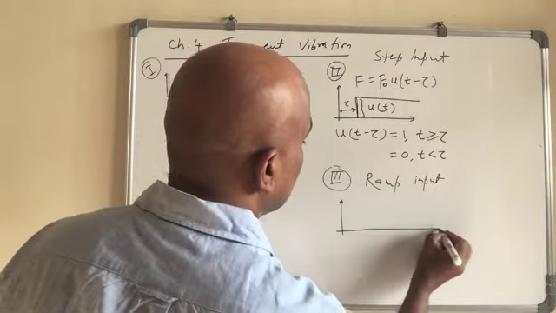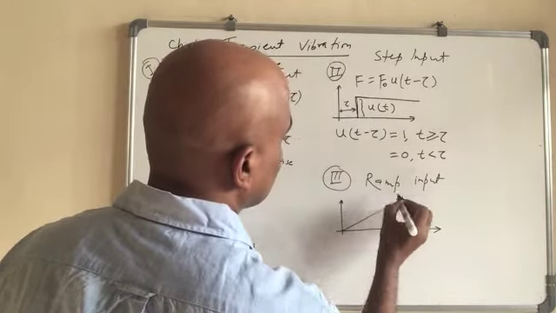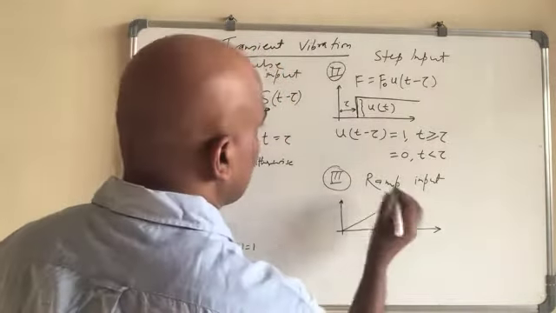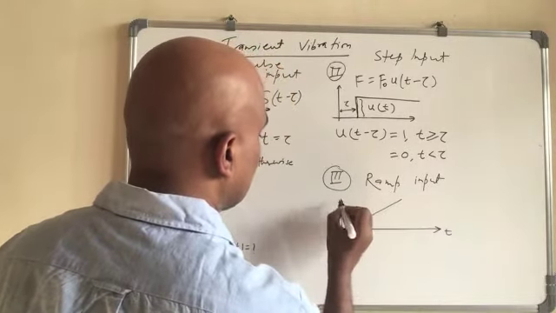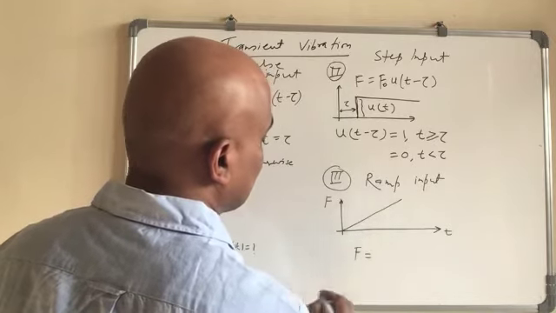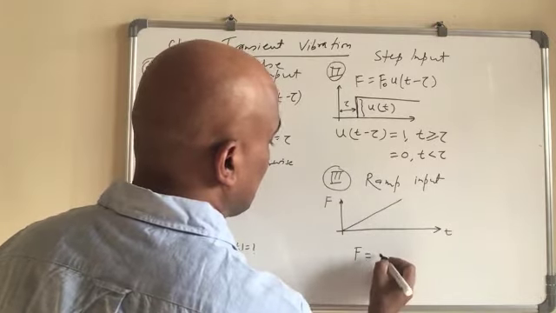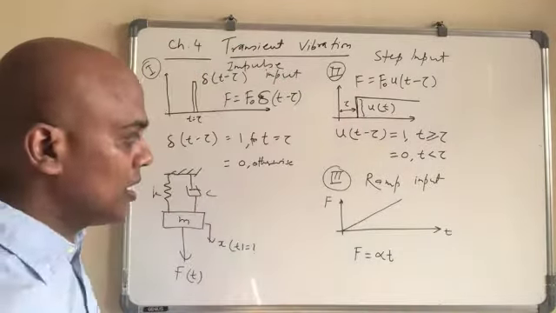When you have a ramp input, it goes something like this. You have t here, and here you have F. F is given by alpha times t.